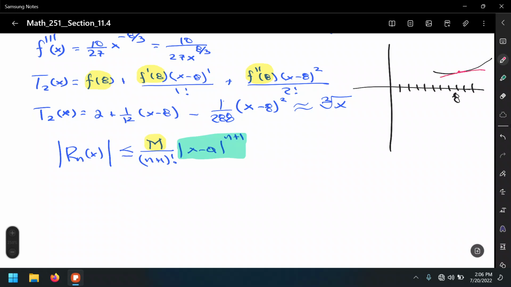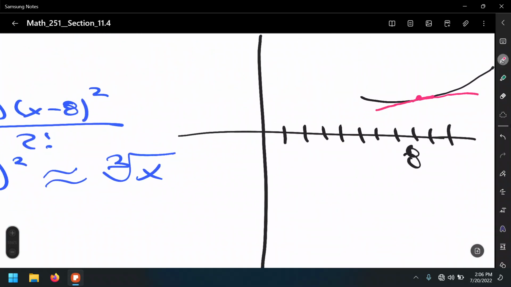Notice at 8 we have the actual value, the accurate value, but 1 unit below, do you see the gap right here? Let me zoom it in. There's a little gap right here, and 1 unit above, it's not visible, but there's also a little gap there, right? So if we want to use the second degree approximation to approximate values in a neighborhood around 8, we're going to have some error.